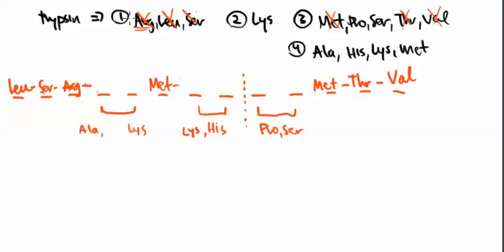So if trypsin cleaves at a certain spot, well, that means it's going to cleave here. It doesn't cleave at the histidine site, it cleaves at the lysine site. So lysine has to go there. It has to, which forces histidine to go here. There's no other way for it to happen. So these two have now been fully assigned.